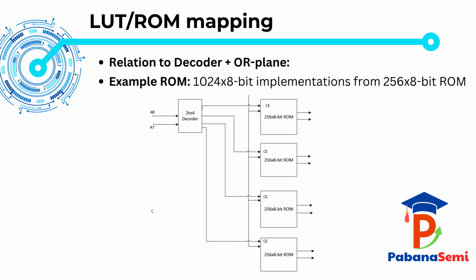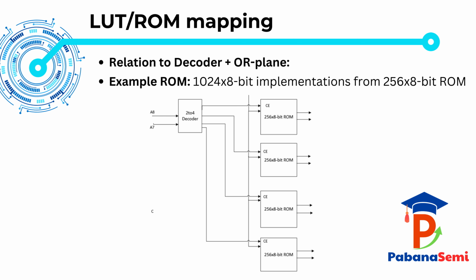A 256-word ROM only supports 8 address bits, because 256 equals 2 to the 8th power. So what do we do? We use the lower 8 address bits to connect to all 4 256 x 8 ROM blocks in parallel. Then we take the upper 2 address bits and feed them into a 2 to 4 decoder.